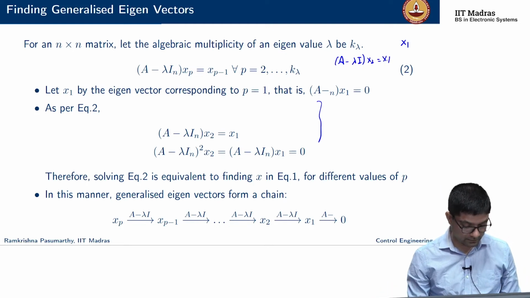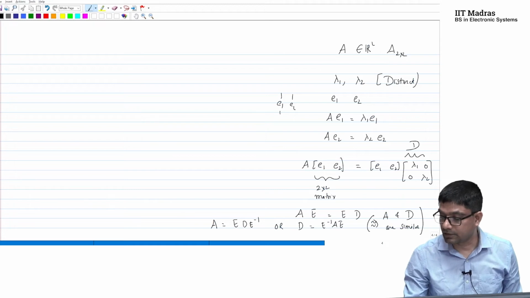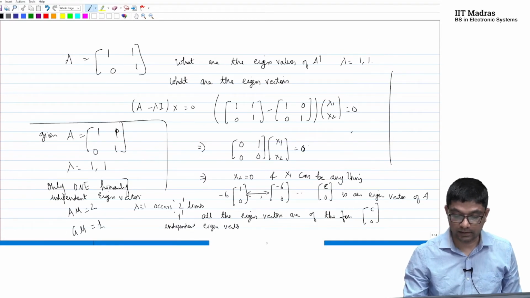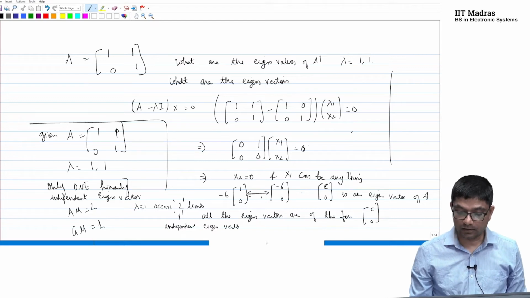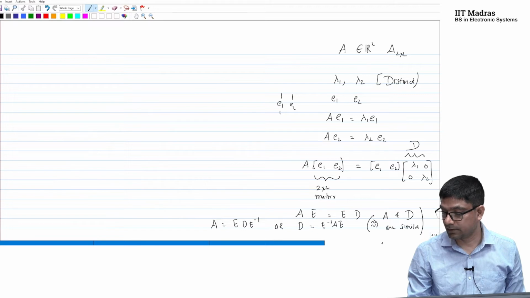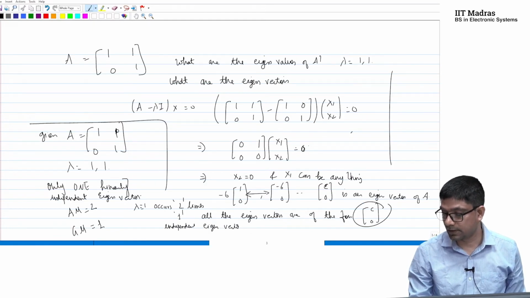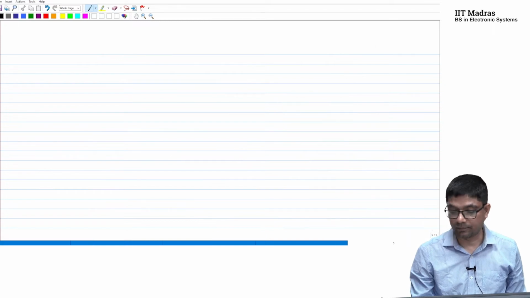I'll just do a very simple example, the one we started off with, right. So here the algebraic multiplicity was 2, geometric multiplicity 1. Any eigenvector was of the form c comma 0. So, let's take it up from here.